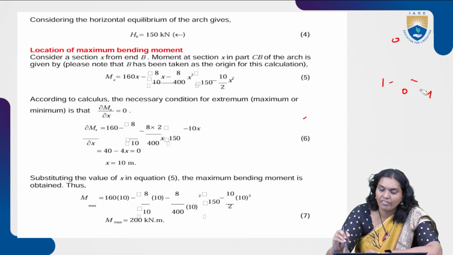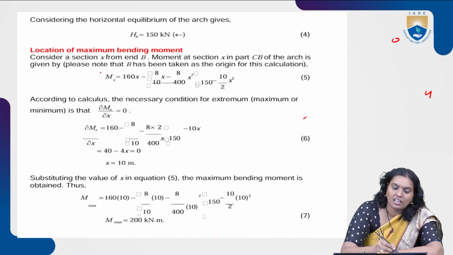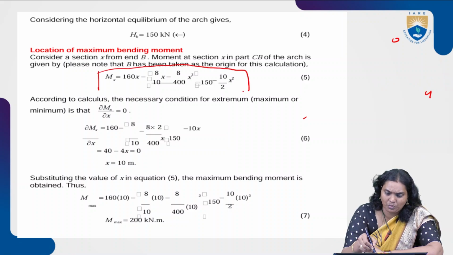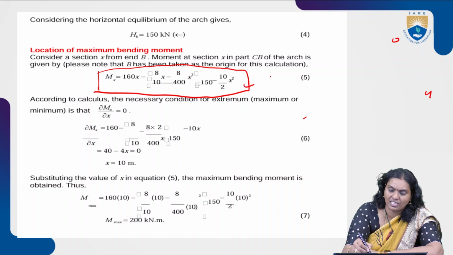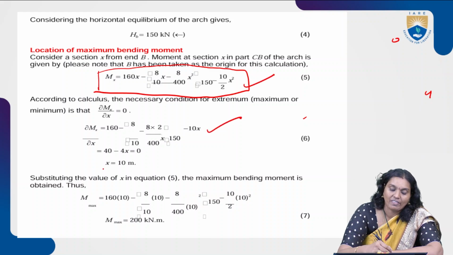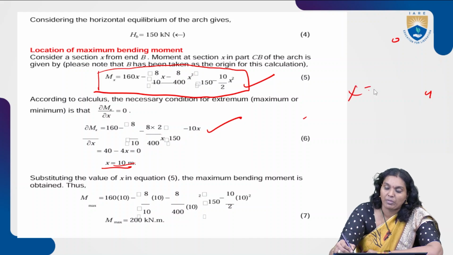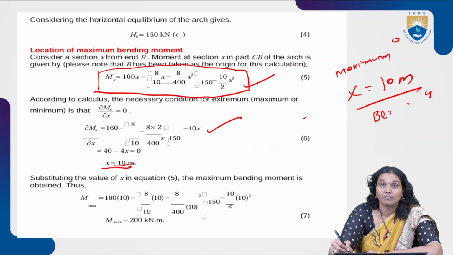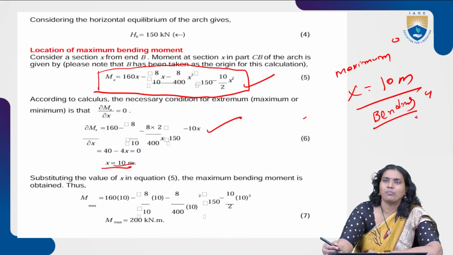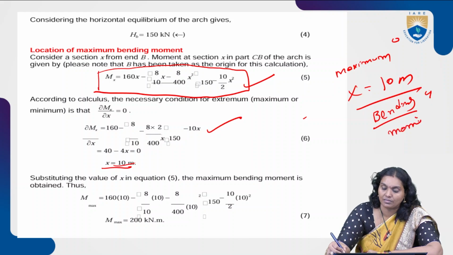So differentiating this equation with respect to x, we get x is equal to 10 meters. At that particular point, that is the location where we get the maximum bending moment.